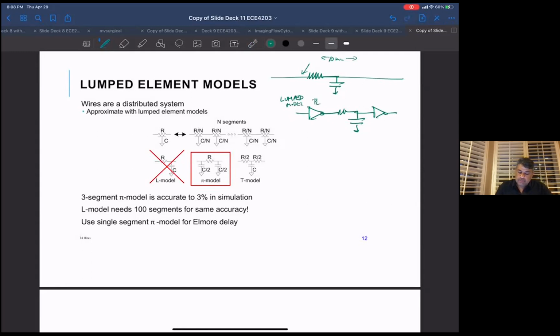And it'll give you a pessimistic delay estimate. Because if you imagine the real wire line, you're pretending it's just one R, one C, but a real wire line looks like a jillion small resistance, capacitance, resistance, capacitance.